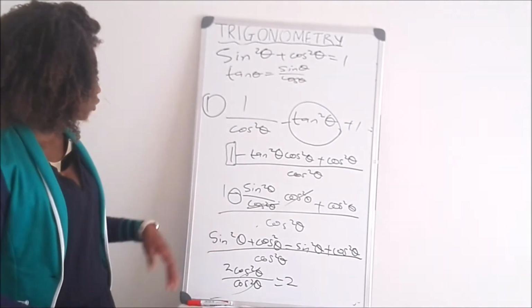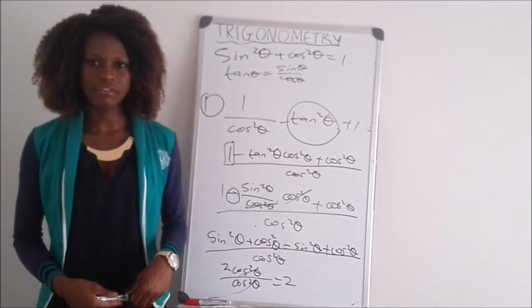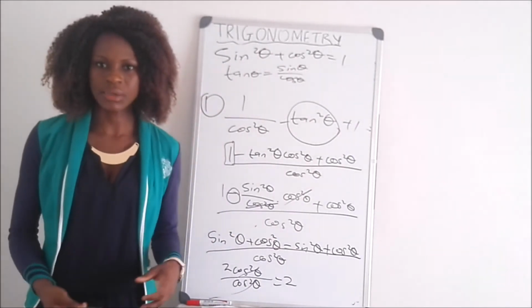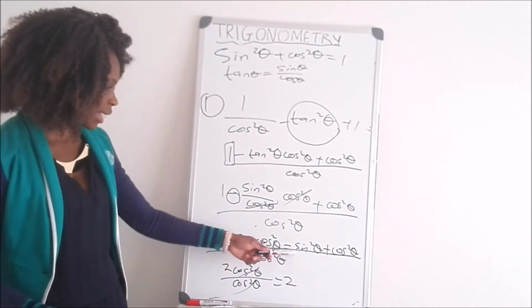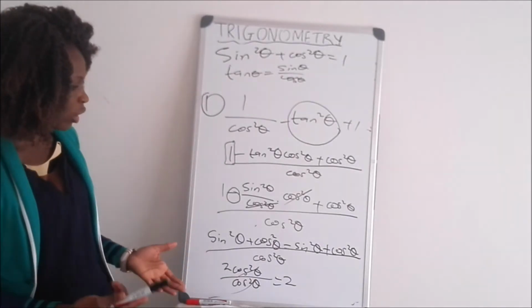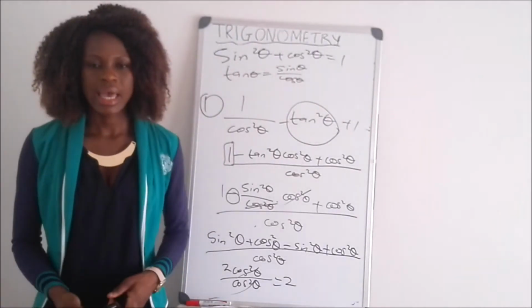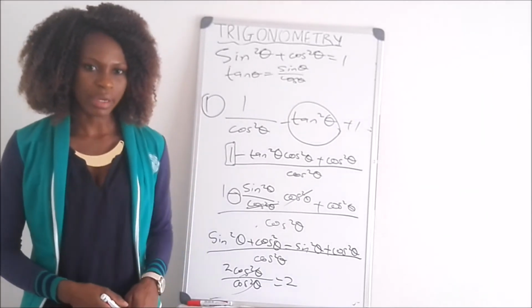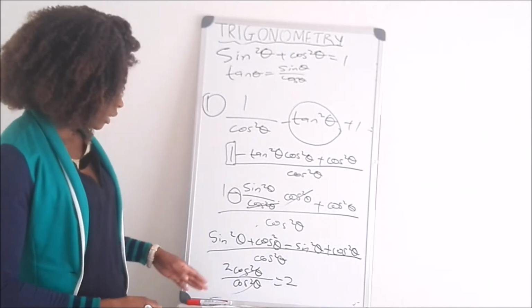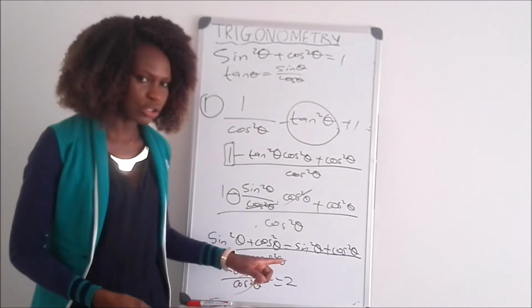Then we looked at the 1 that we were given and changed it into the format of an identity, which is sine squared theta plus cos squared theta. After that the sines subtracted each other and we were only left with the cos, and the cos added to be 2 cos squared theta divided by cos squared theta, which cancel out as well, and we were left with 2.